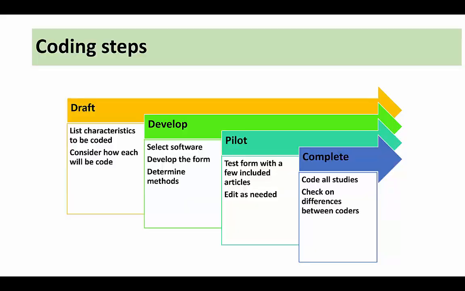So very similar steps to what you're doing with the screening and everything. They need to kind of draft it, develop it, pick the software they're going to do this in, pilot it, and then go from there.